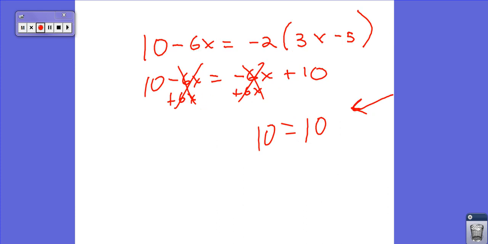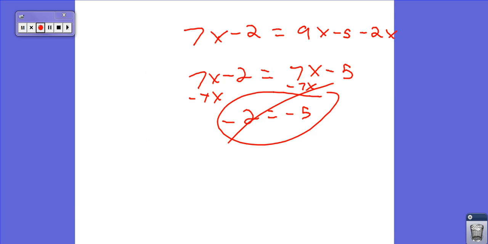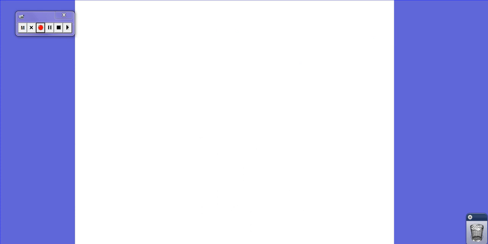That equation is never going to be true. This equation is always true. No matter what we say x is, this equation is always going to be 10 equals 10. This equation, no matter what we say x is, is never going to be true. Never once. Okay?